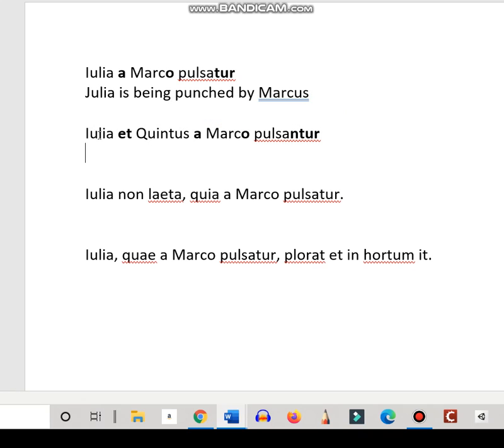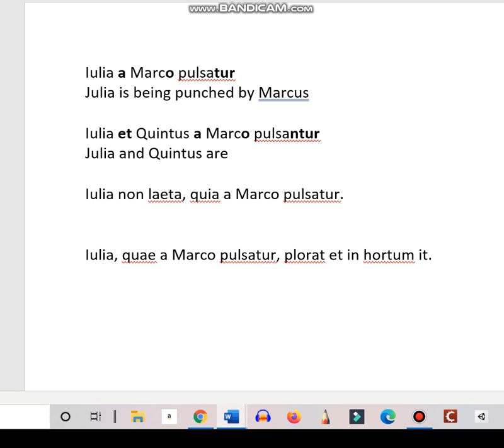So how would we translate this? Well, we would still translate it more or less in the same way as up here, but instead of just writing Julia, we would also write Julia and Quintus. So Julia and Quintus, and then the rest of the sentence goes more or less the same, but we have to remember that now that this is plural, we have to make it plural.